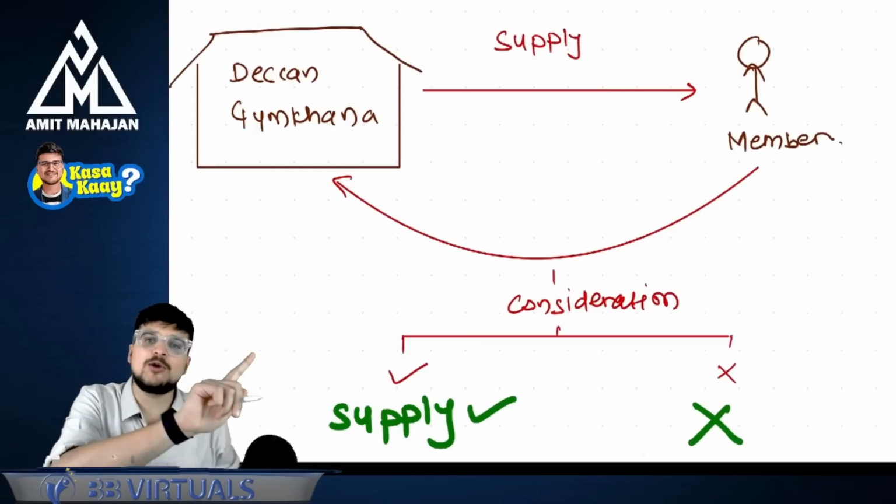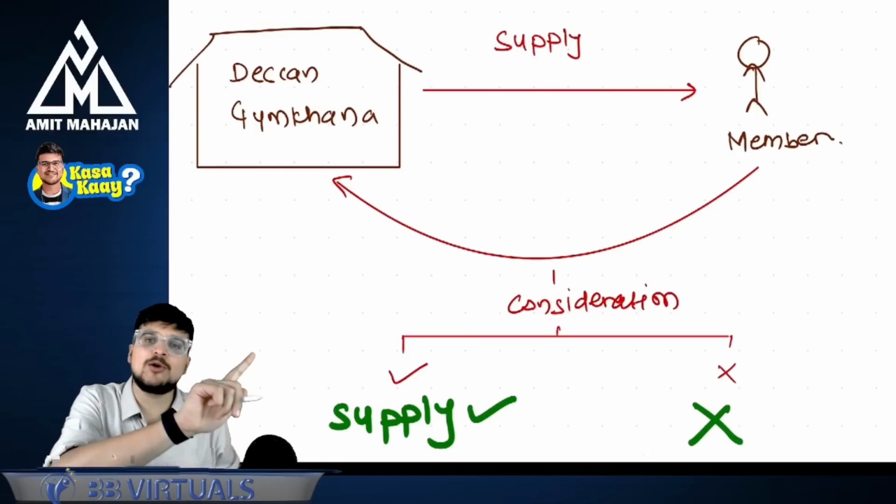Funeral service, they charge some amount, no GST. If there is an ambulance or some vehicle which is used for transportation of the deceased, that service is also not considered as supply. Understanding? 4 points we have seen in negative list.